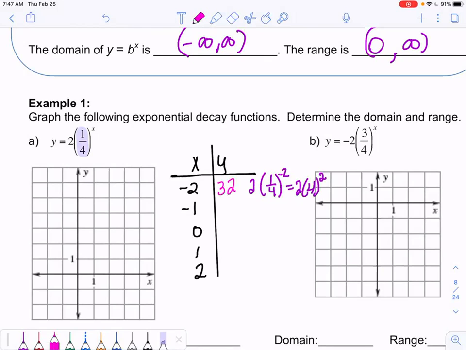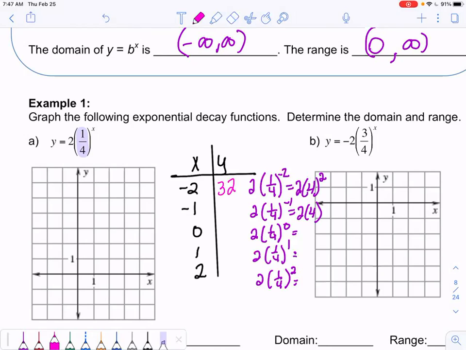The next one, we have 2 and then 1/4 to the -1, which is really 2 times 4. Then 2 times 1/4 to the 0, 2 times 1/4 to the 1, and then 1/4 squared.